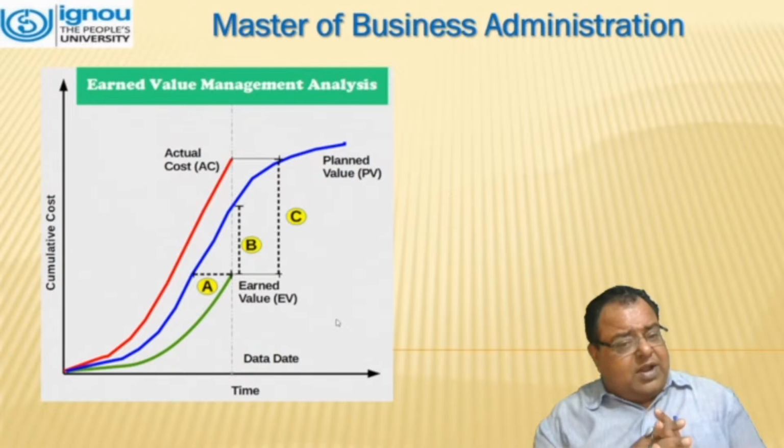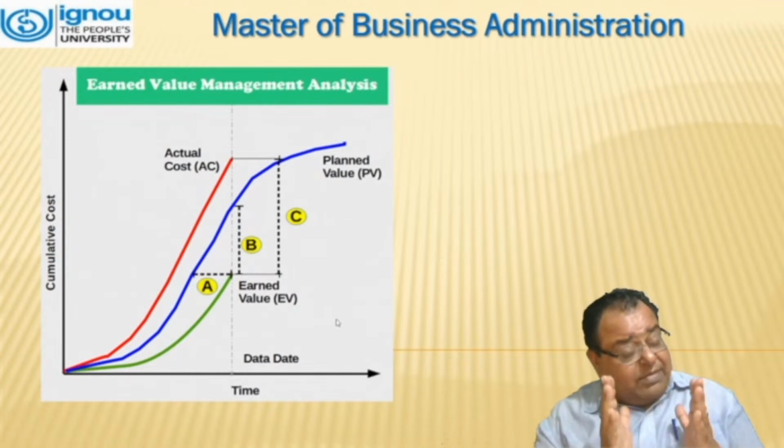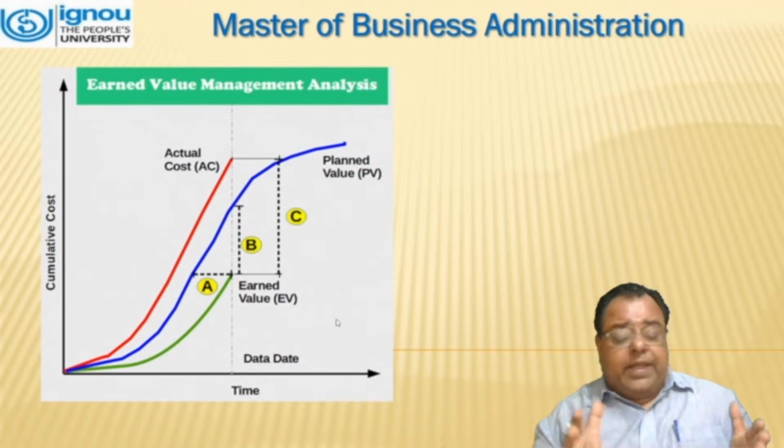If a horizontal line is drawn from the top of the actual cost intersecting the planned value, and another horizontal line joining the green line as well as the blue line, we have three regions A, B, and C. These regions depict the current position of the project.